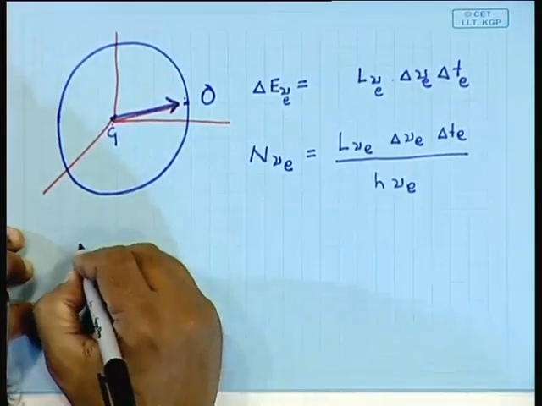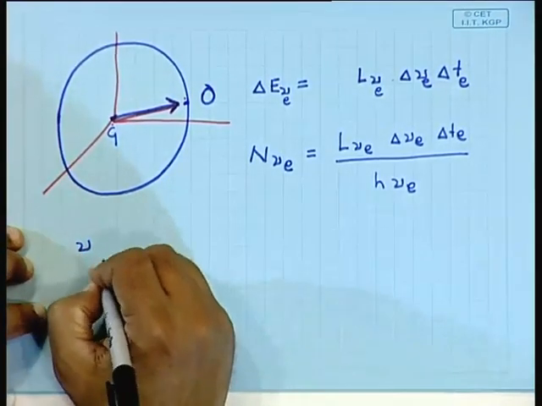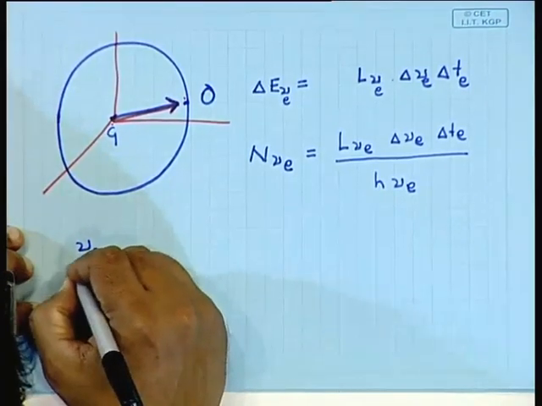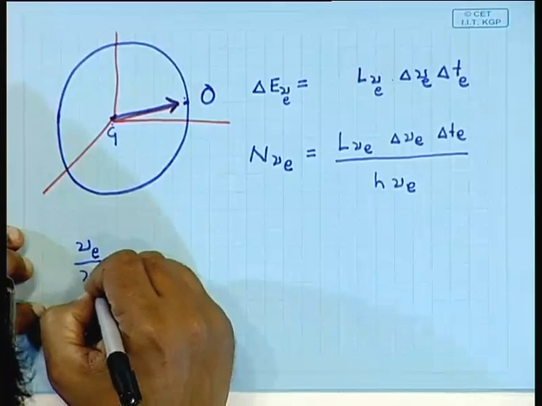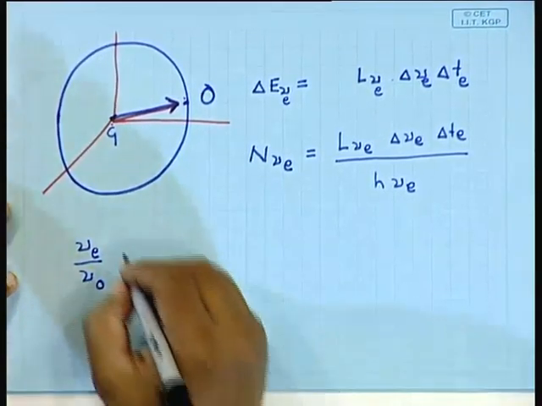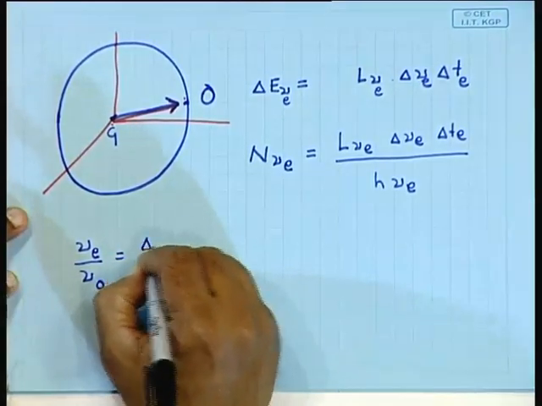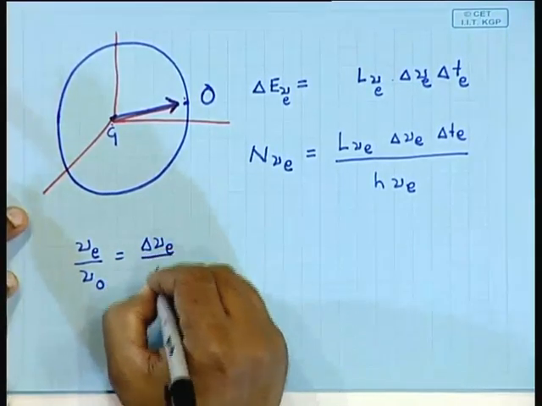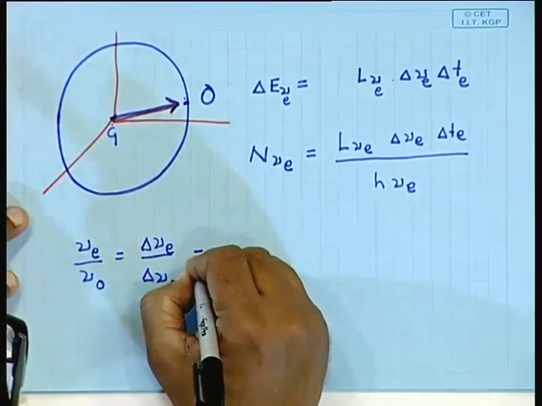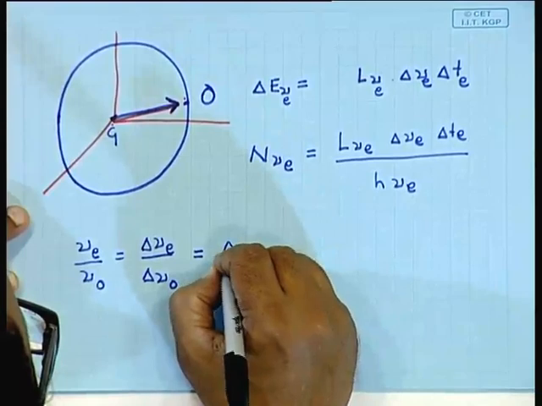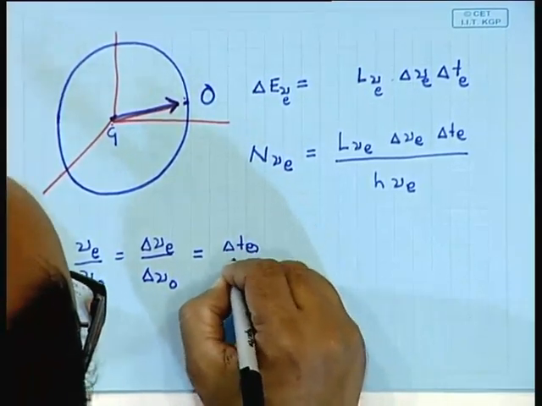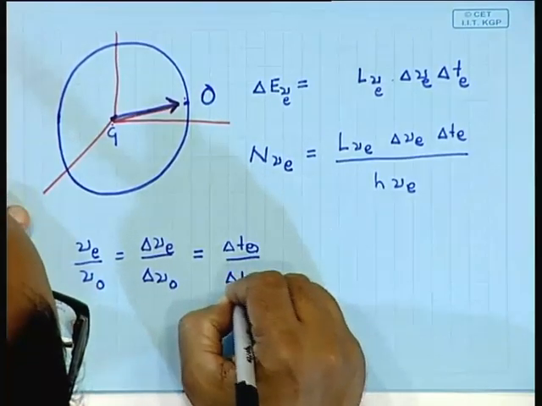So, we know that the emitted frequency by observed frequency is equal to delta nu emitted by delta nu observed, which is equal to, other way around, delta T observed by delta T emitted.